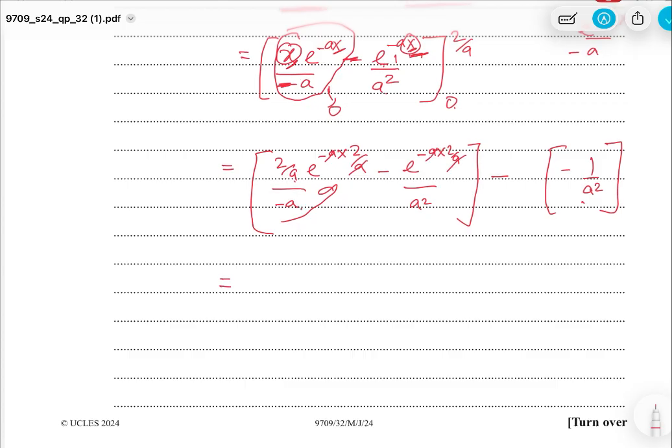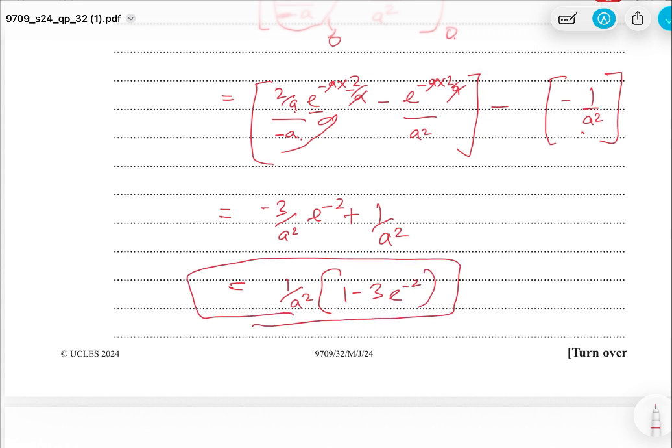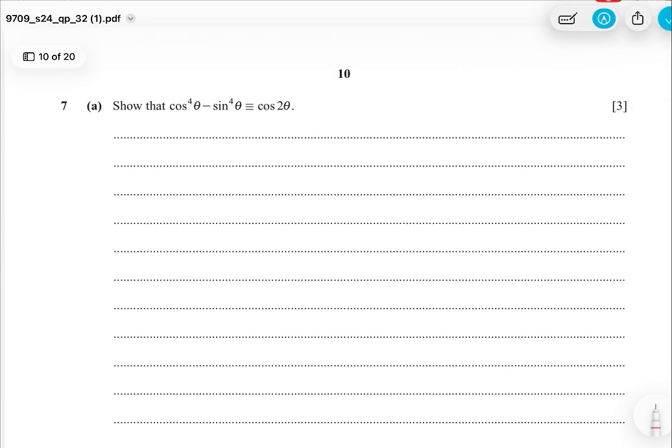And these a will be cancelled, which would give us negative 3 e to the power minus 2 upon a square, plus 1 upon a square. Can I take 1 upon a square common from here? Yes, sir, you can. And we will get 1 minus 3 e to the power minus 2. Yes, it is important to give the answer in factorized form. It is really important. All right, let's look at the next question now.